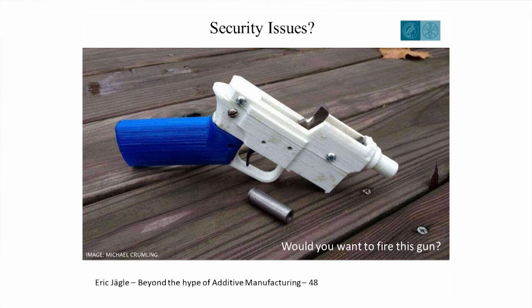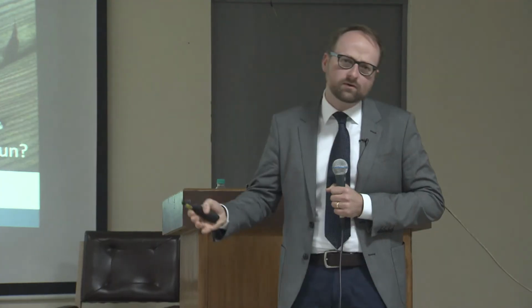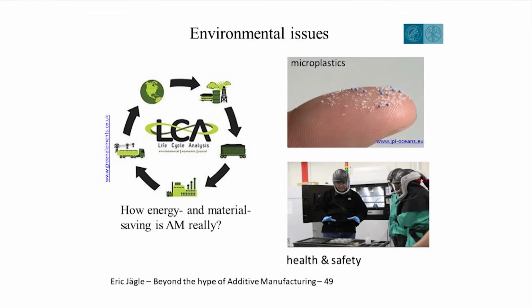So I would completely dismiss the security issues of AM, because if you can afford a €500,000 3D metal additive manufacturing machine, with which of course you could make a weapon, then you can also just afford a simple lathe and build the gun barrel with that, and probably get a much better result.